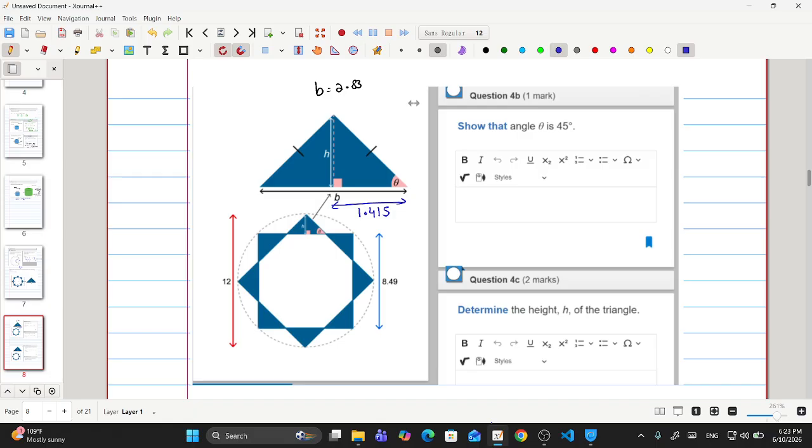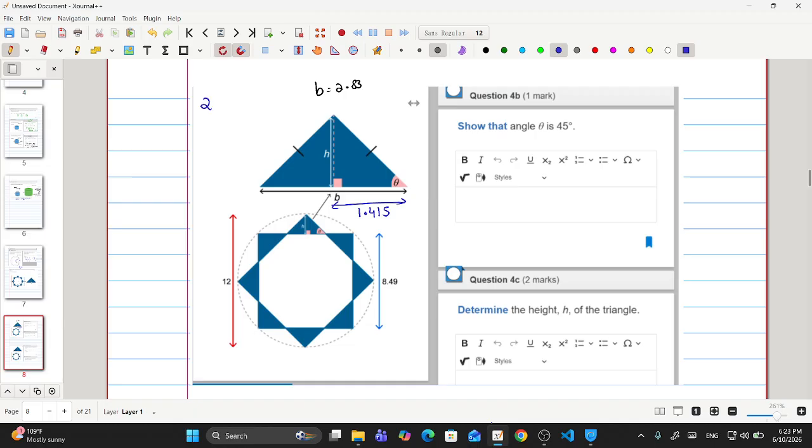Now, if you were to look at the height, you know that this part entirely is 12 centimeters or whatever the length unit is, and this is 8.49. So how do you solve this one? This height should be multiplied by 2 and added to 8.49 to give us an answer of 12.